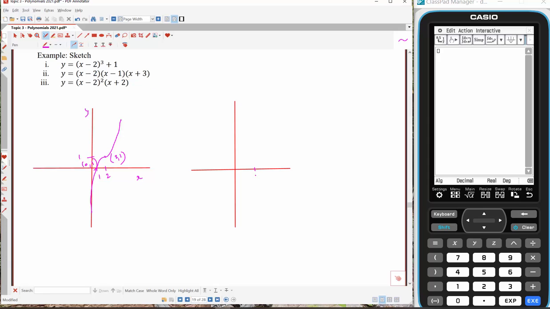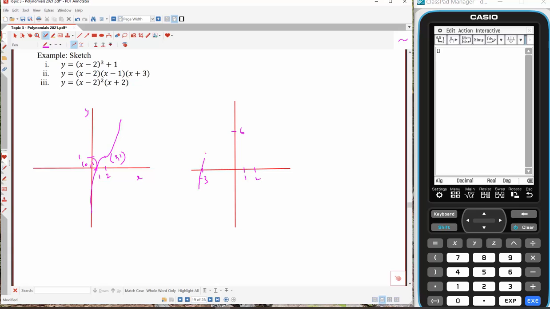So it's going to be 2, 1, there's negative 1, negative 2, negative 3, about there. The y-intercept is going to be negative 2, 2, 6, somewhere up there.